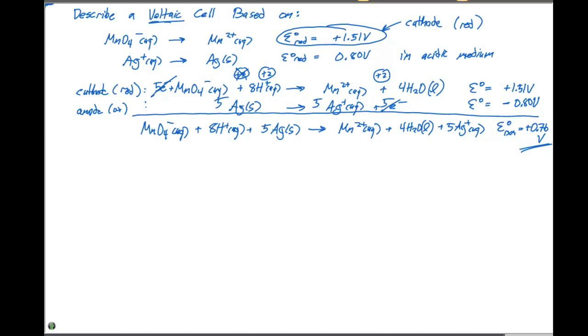Even though silver really wants to stay as silver solid and does not prefer to be oxidized, it will be in this case because we're coupling it with something else that really can't be oxidized. And manganese can't be oxidized any further than +7.